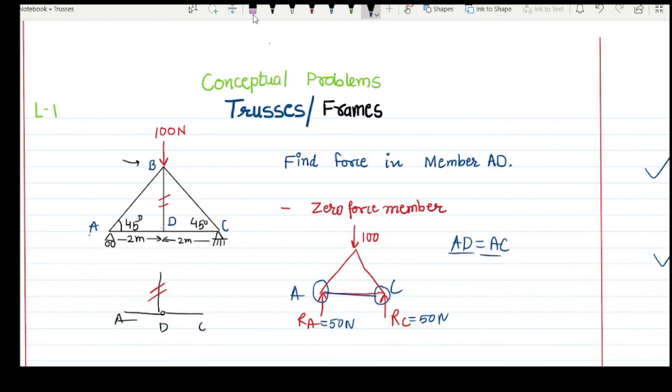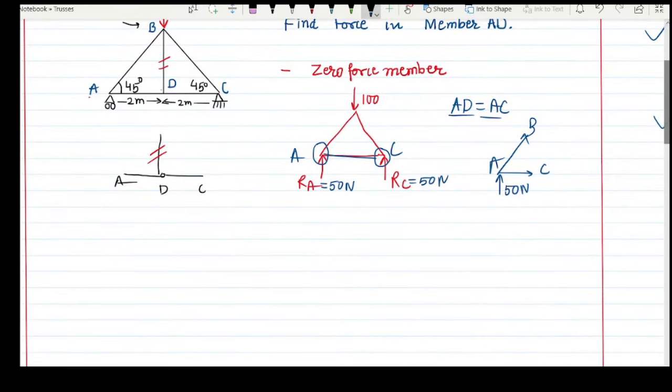If I consider joint A, there will be one member from A to B, another member along A to C, and the third is the vertical reaction of 50 Newton. Now I write the equations for the horizontal force balance as well as the vertical force balance.